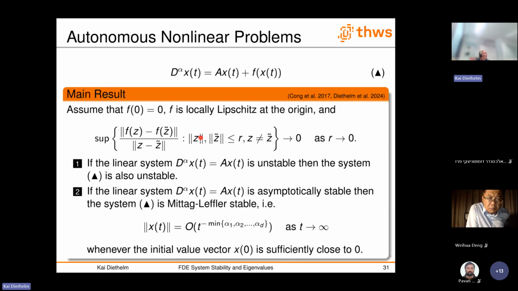In that case, you can also say if the linear system without this extra term is unstable, then this nonlinear problem is also unstable. On the other hand, when the linear system without the nonlinear bit is asymptotically stable, then the complete system is, as we say, Mittag-Leffler stable, which means we get this decay rate. So the solutions tend to 0, but not always. This works only when the initial values are sufficiently close to the origin.